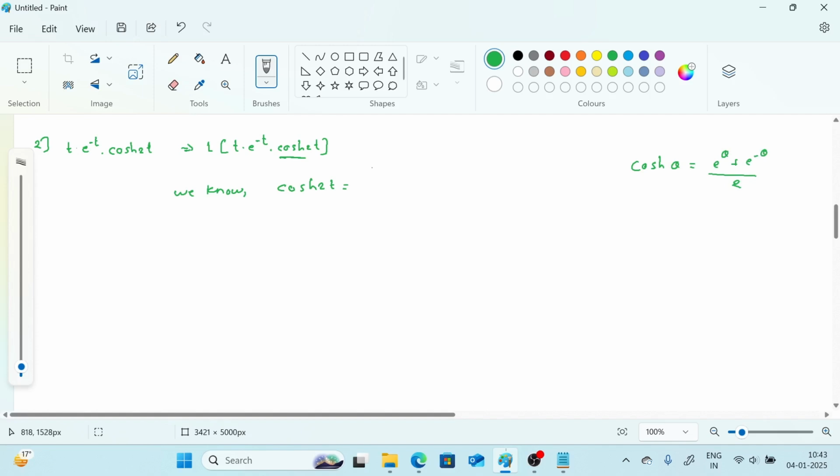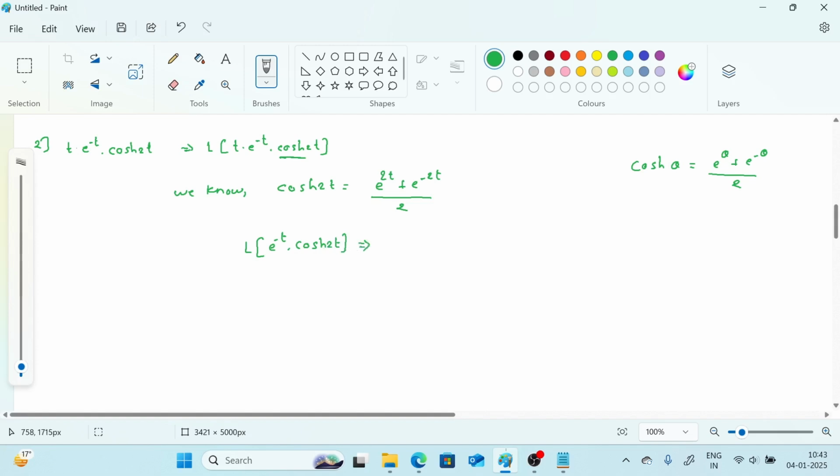I am going to apply the same logic here. We know cos hyperbolic 2t will be e raised to 2t plus e raised to minus 2t upon 2, right? So we are going to find the Laplace for e raised to minus t cos hyperbolic 2t.